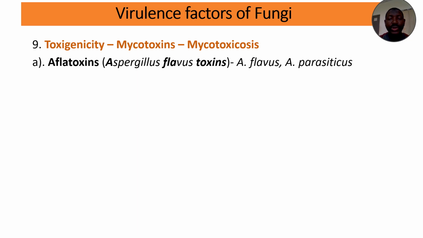They produce a variety of aflatoxins, about 20 different types. However, the most important ones involved in disease causation are aflatoxin B1, aflatoxin B2, aflatoxin G1, aflatoxin G2, aflatoxin M1, and aflatoxin M2.